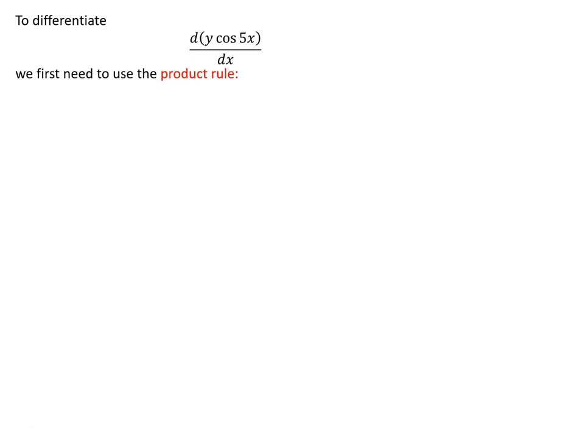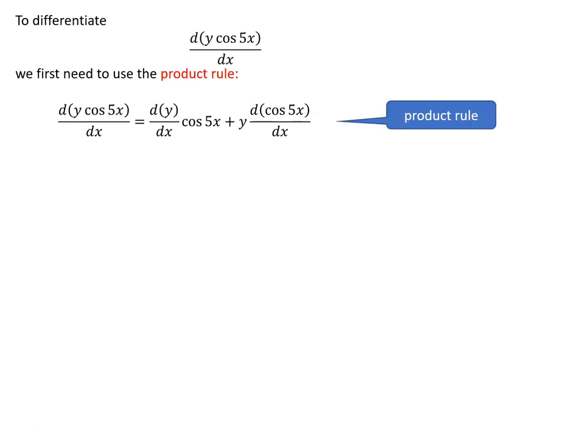In order to differentiate that, we need to use the product rule because we've got y times cos 5x to differentiate. And differentiating, we'll obtain dy by dx times cos 5x plus y times the derivative of cos 5x, which gives me dy by dx times cos 5x plus y times minus 5 sin 5x.